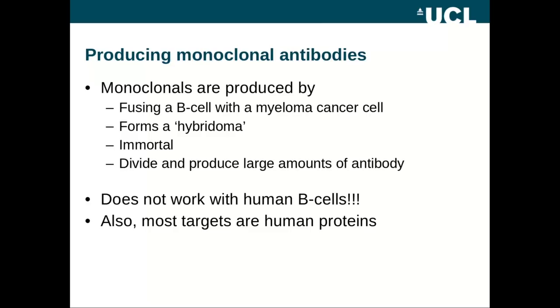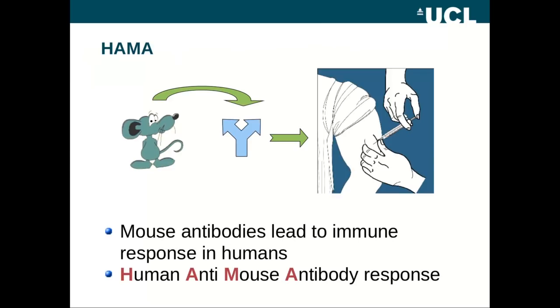So what people tend to do is use mouse antibodies or rat antibodies, because those can be produced very easily. The problem is, when you take a mouse antibody and you inject it into a human host, that will lead to an immune response, not in the sense of the antibodies switching on the immune system to kill something, but in the sense of our own immune systems recognizing this antibody drug as a foreign protein and producing an attack against that drug.